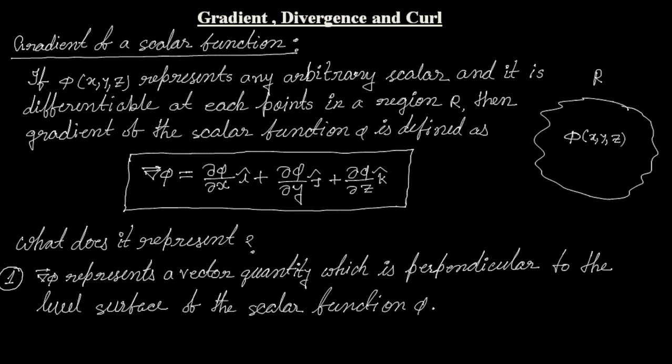We can also understand this statement by doing a few steps of mathematics. For that, let's consider a coordinate system, x, y, z, and this is a level surface of some scalar function phi. So what is a level surface?